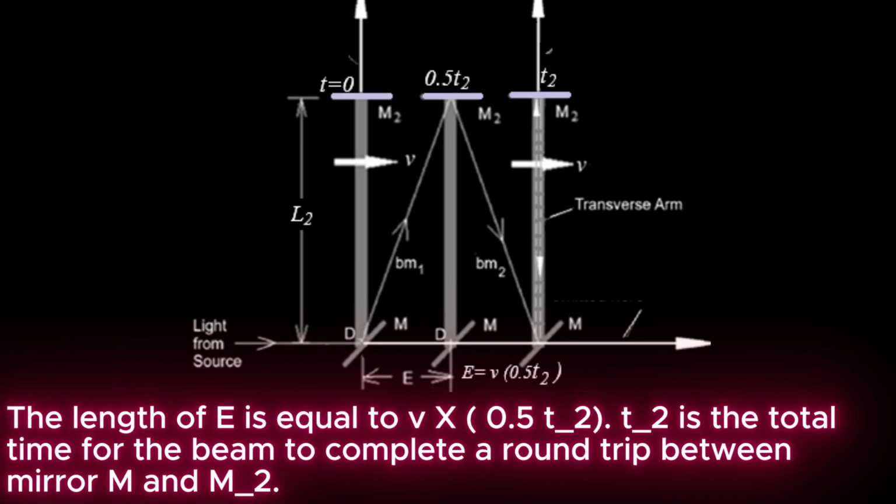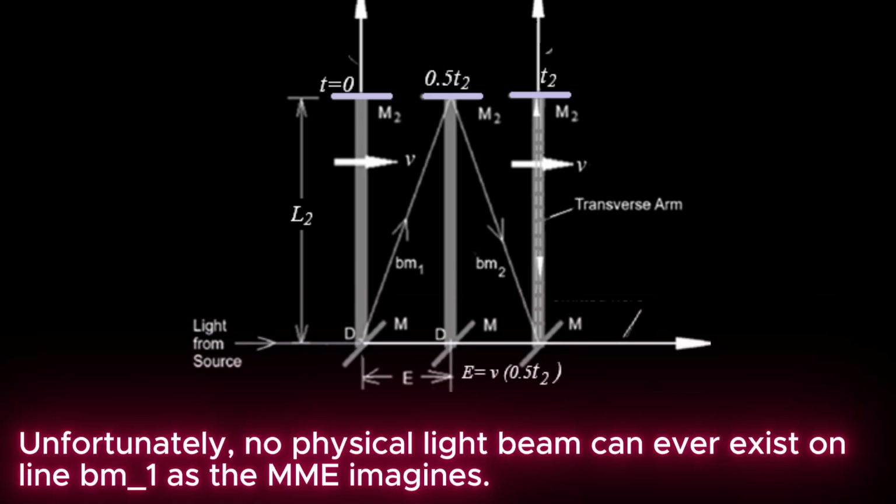The length of E is equal to V times 0.5 T2. T2 is the total time for the beam to complete a round trip between mirror M and M2. Unfortunately, no physical light beam can ever exist on line BM1, as the MME imagines.